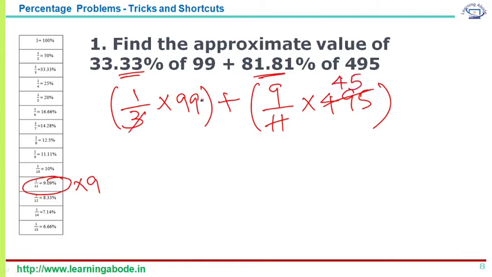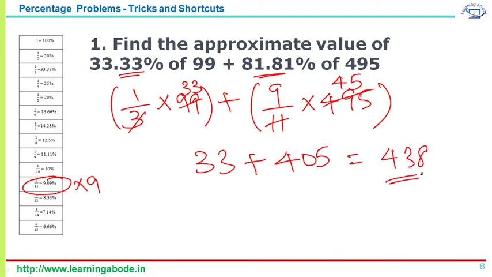And 99 divided by 3 is 33. So it is 33 plus 9 into 45, which is 405. So 438 is the answer for the first sample question.